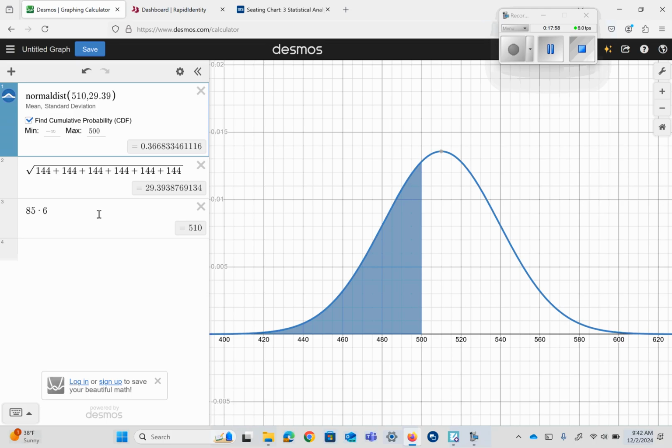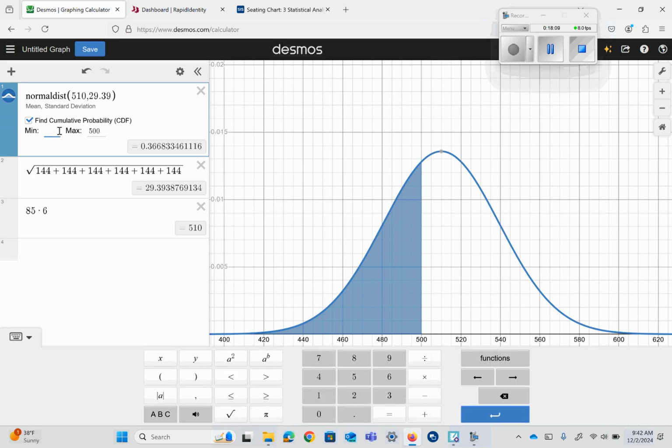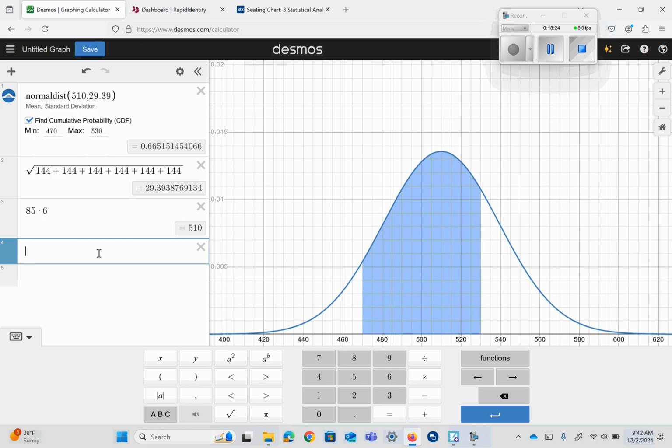All right, so what should I do for, it says bags are rejected if they don't weigh between 470 and 530 grams. Okay, so I'm going to change this to 470 and 530. So if they weigh a bag of apples and it doesn't come into this weight class, you're talking about 66.5% of those weigh in that range.